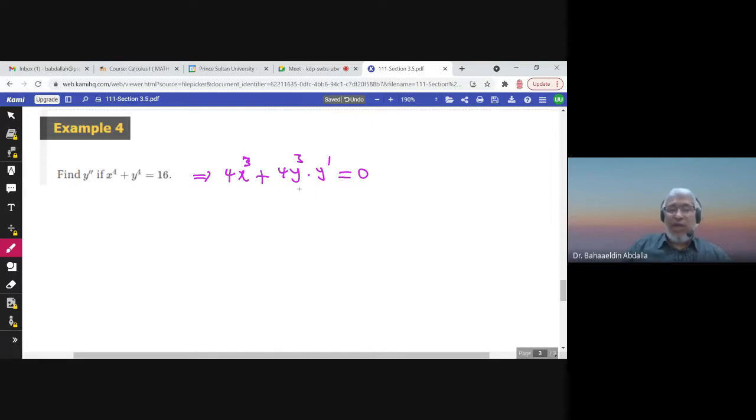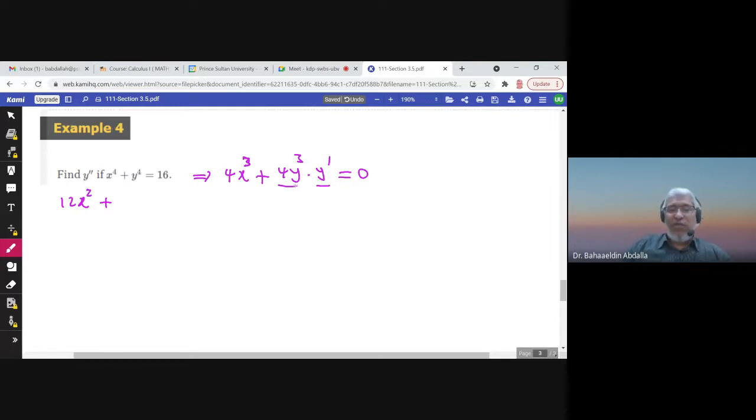And if you like, you can differentiate this function again. And let me do it like this, okay? So differentiate this function again. So 3 times 4 is 12x squared plus. Now here notice that I have a product of two functions, 4y cubed is f and y prime is g.